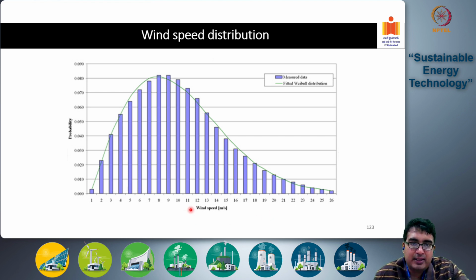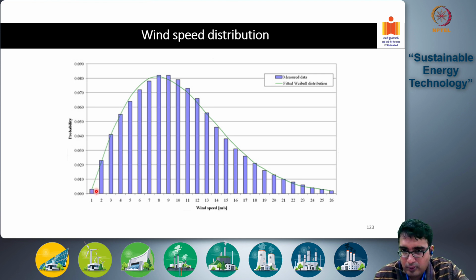For each speed, there is a specific probability value attached to that speed. For example, at the given location that we are studying here, the wind speed of 4 meters per second is likely to occur with a probability of 0.055. Now the total probability, all of these probabilities put together, should come up as 1, because at a certain location there will be some finite wind speed at any given time.